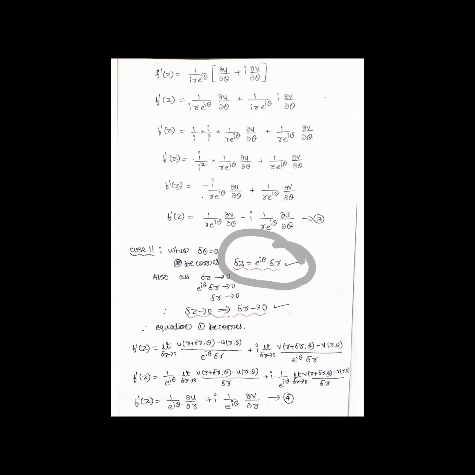So here delta r is tending to 0. Therefore, this e raised to i theta will be a constant. I'll take it outside. So that is 1 upon e raised to i theta. As I had taken this outside, only this much remains, that is this.